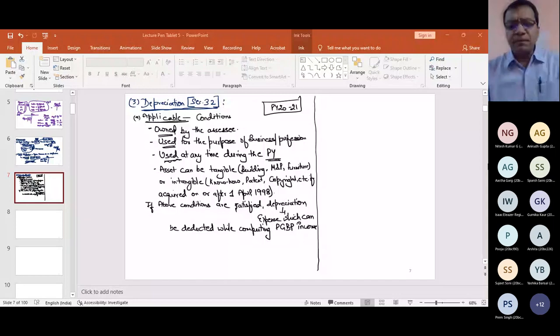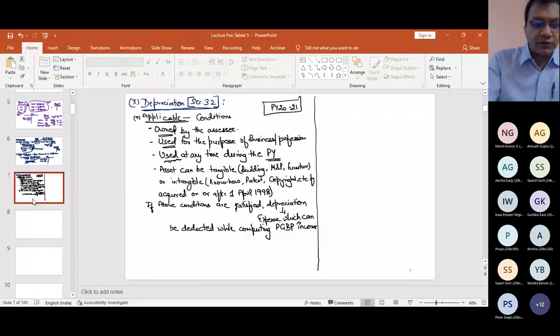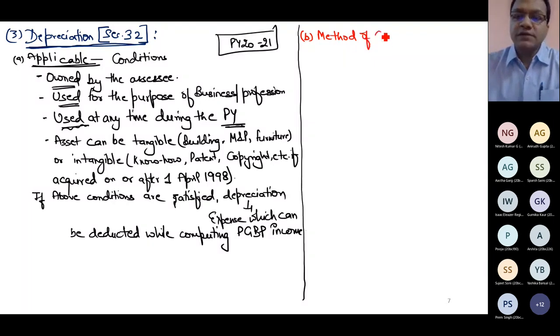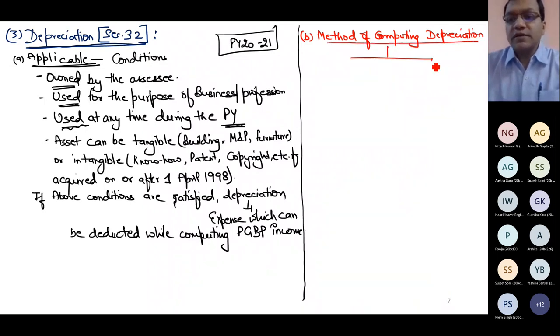Next point, method of computing depreciation. What are the methods of computing depreciation? Two methods, straight line and written down value. Straight line method is not in our course. As I showed you in the act, there are two methods, straight line method on actual cost, or WDV.